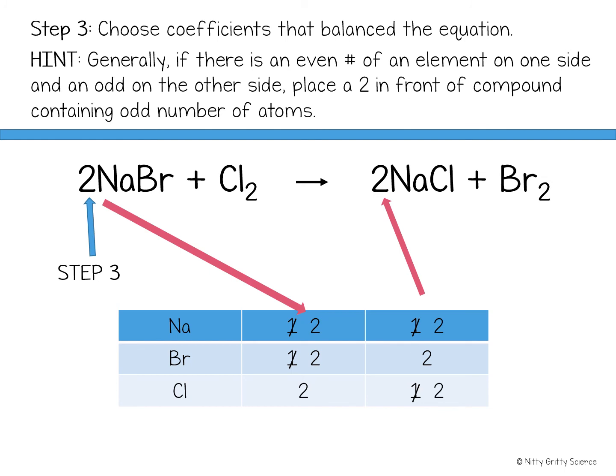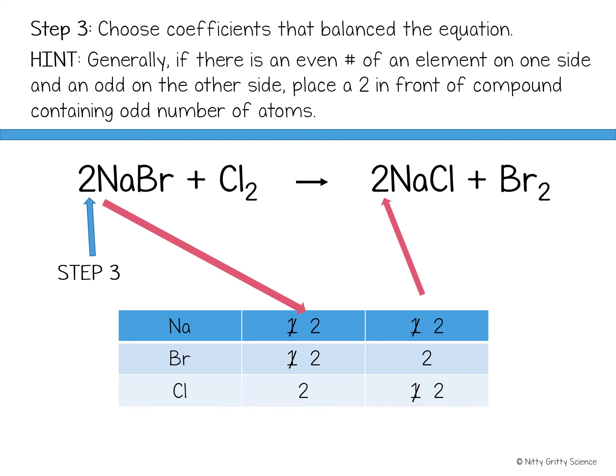Remember, we are not going to touch the subscripts when balancing equations. A good hint is if there is an even number of an element on one side and an odd number on the other side, a good rule of thumb is to place the coefficient 2 in front of the compound containing an odd number of atoms.